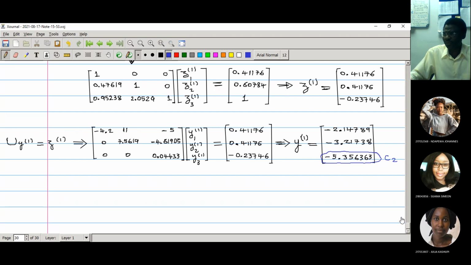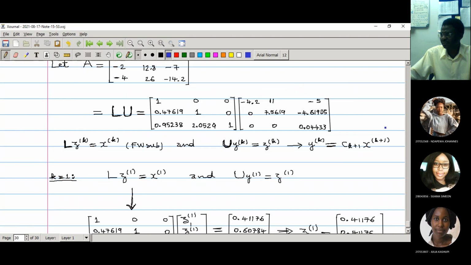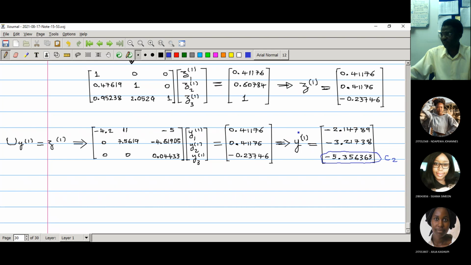So we know that yk is ck plus 1 times xk plus 1, meaning that this y1 is C2 x2. And we can write this as this value, negative 5.3563636363. It will just repeat, but that's not important.